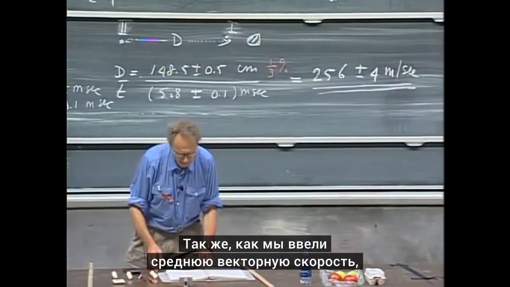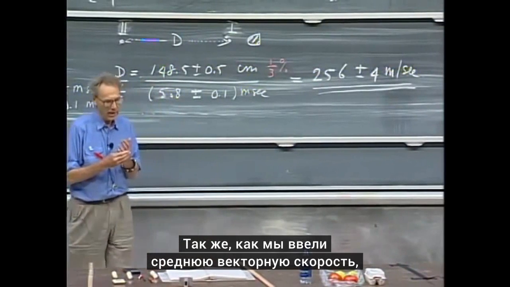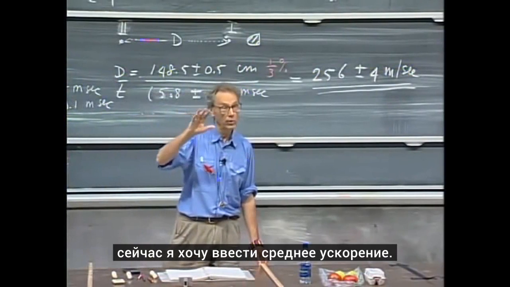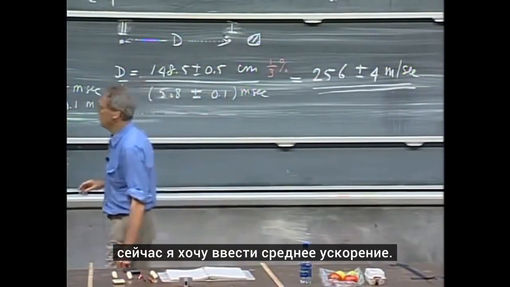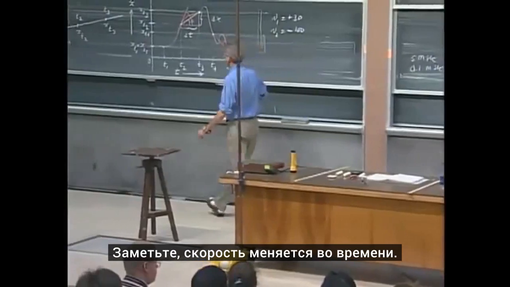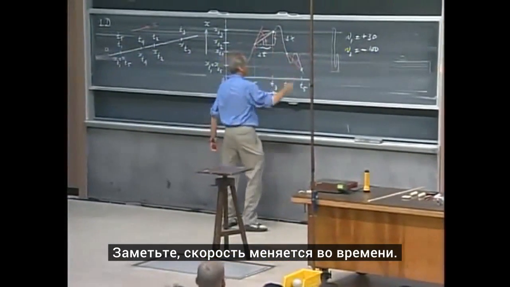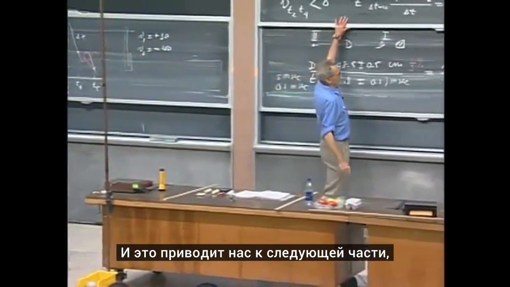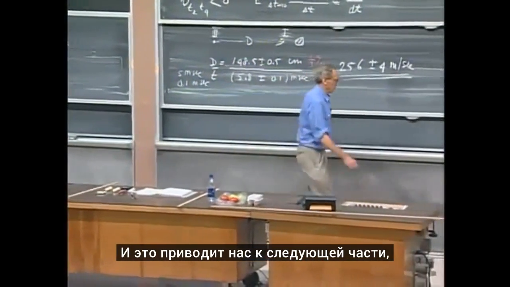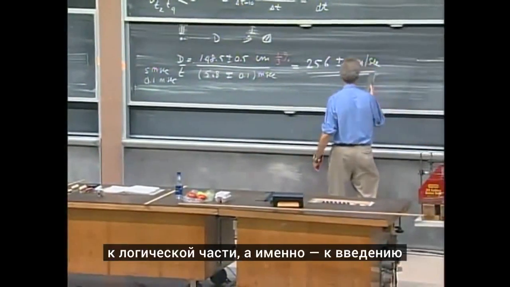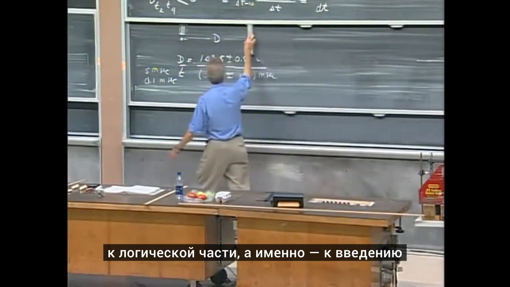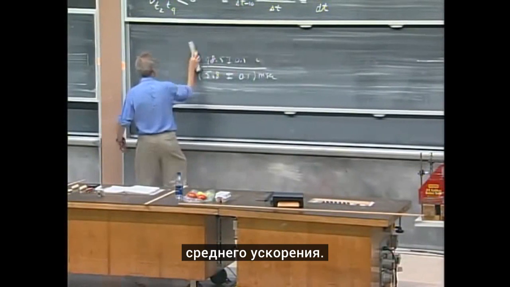Just as we introduced average velocity, now I'm going to introduce average acceleration. Notice that the velocity changes throughout time. And that brings me to the next part. It's a logical part, namely that we're going to introduce an average acceleration.